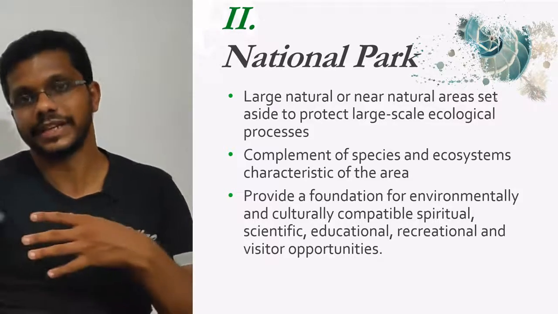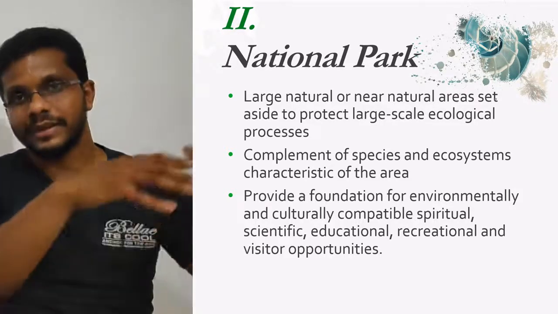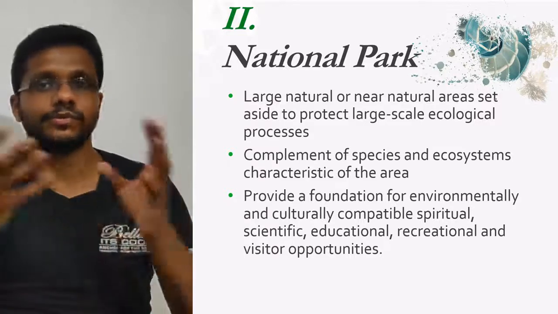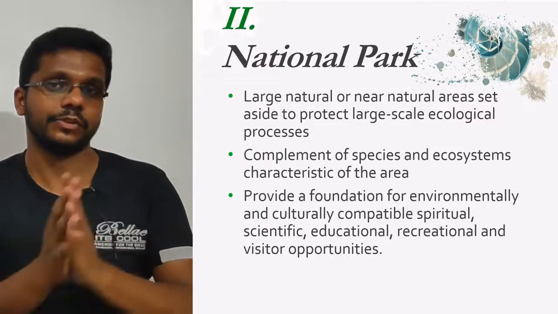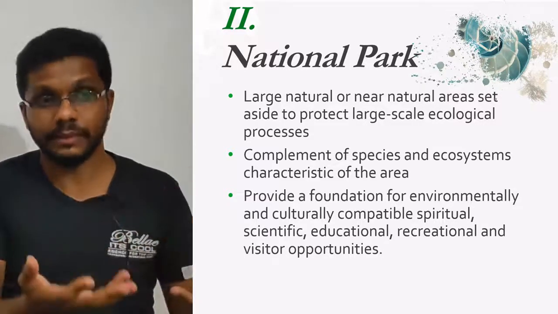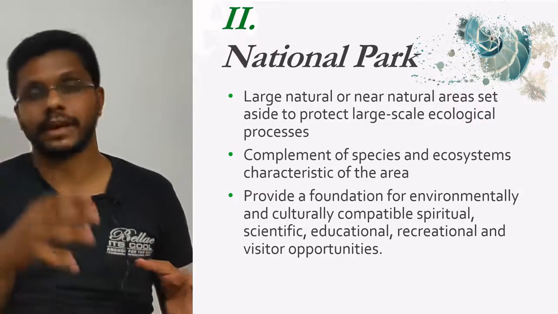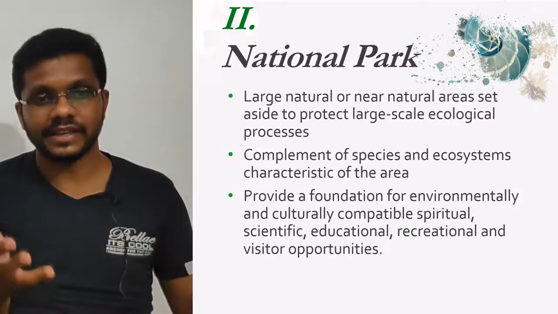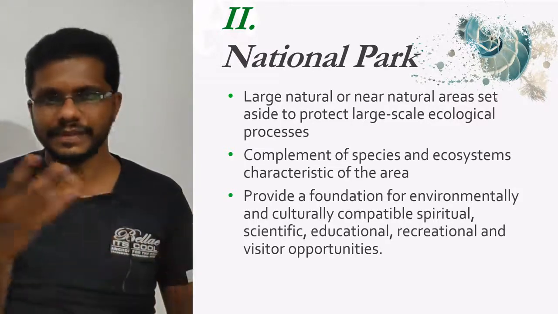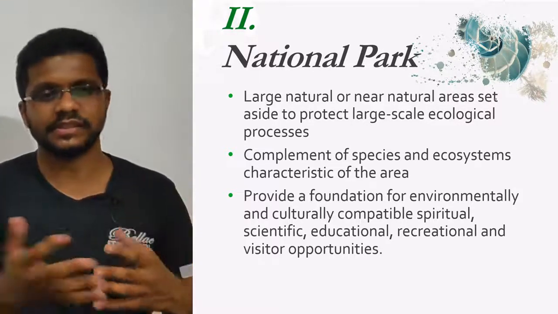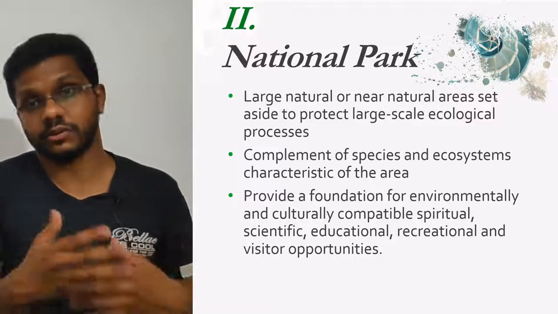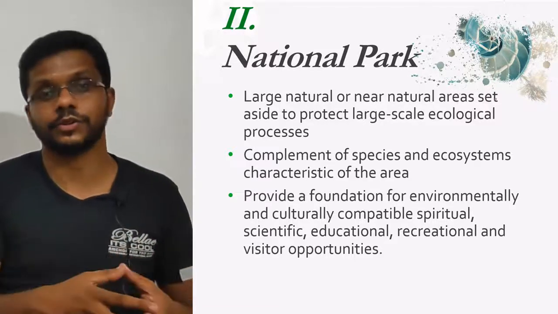We can actually go to a national park, but there will be some areas open for the visitors and some of them will be conserved. In a national park there may be human settlements, tribal populations, or local communities living there, and some areas will be open for spiritual, research, educational, recreational, or visitor purposes.